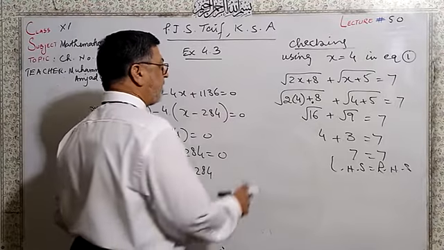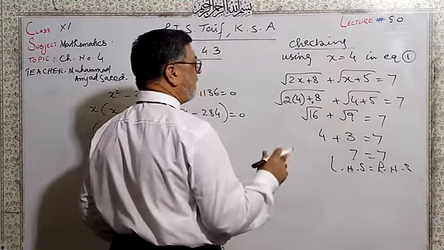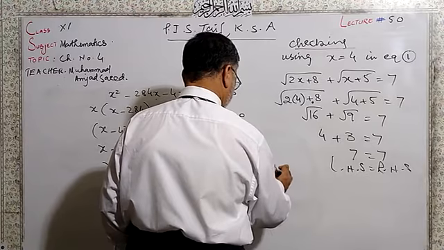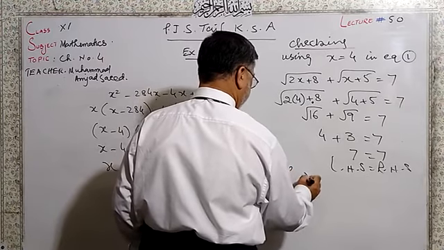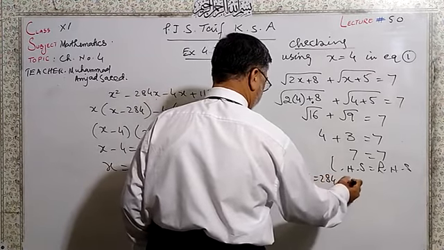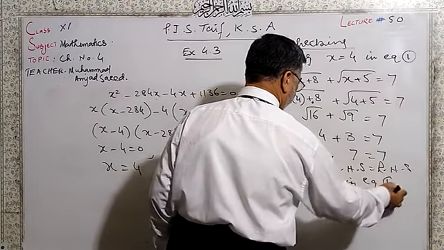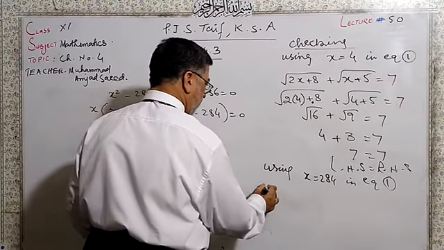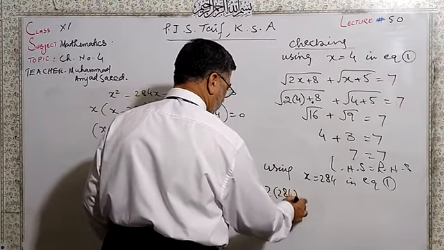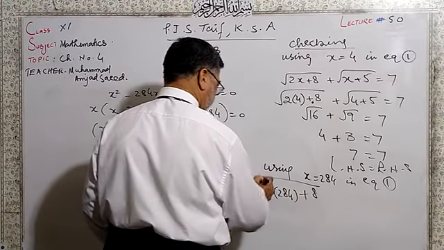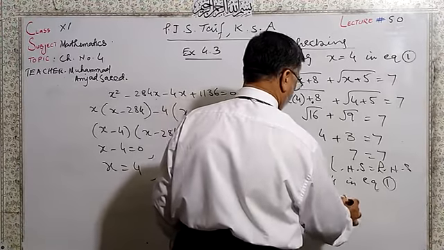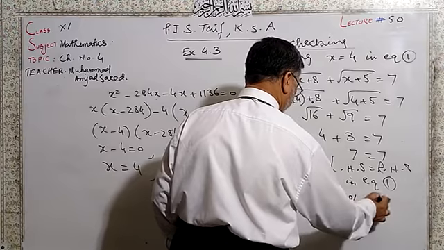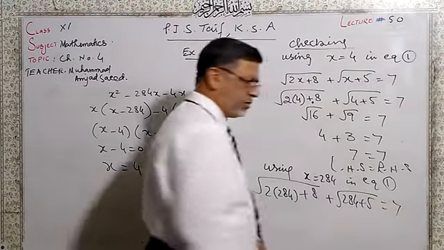Now again we will check by applying the second value. Using x is equal to 284 in equation number 1. 2 into 284 plus 8, plus 284 plus 5, that is equal to 7.